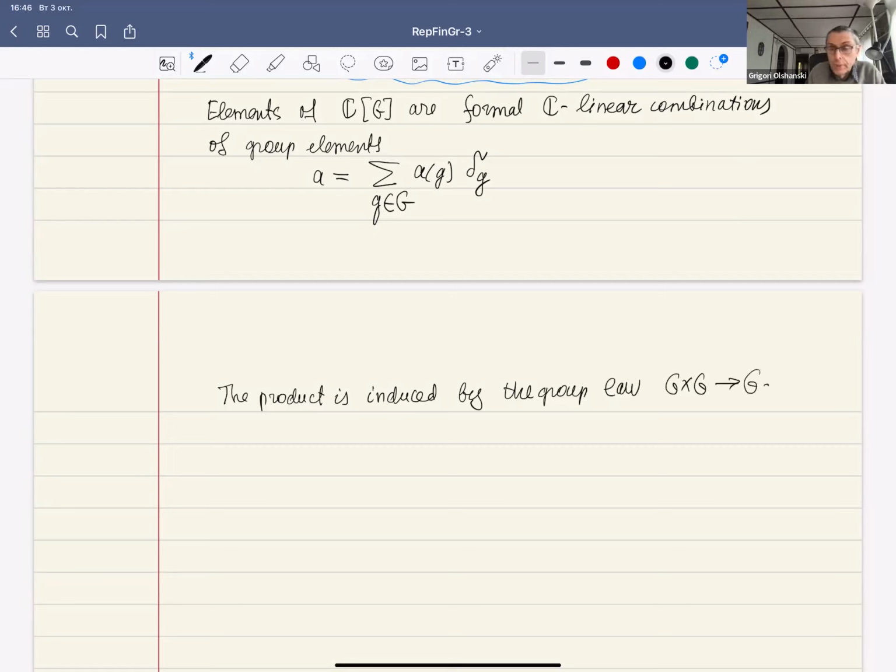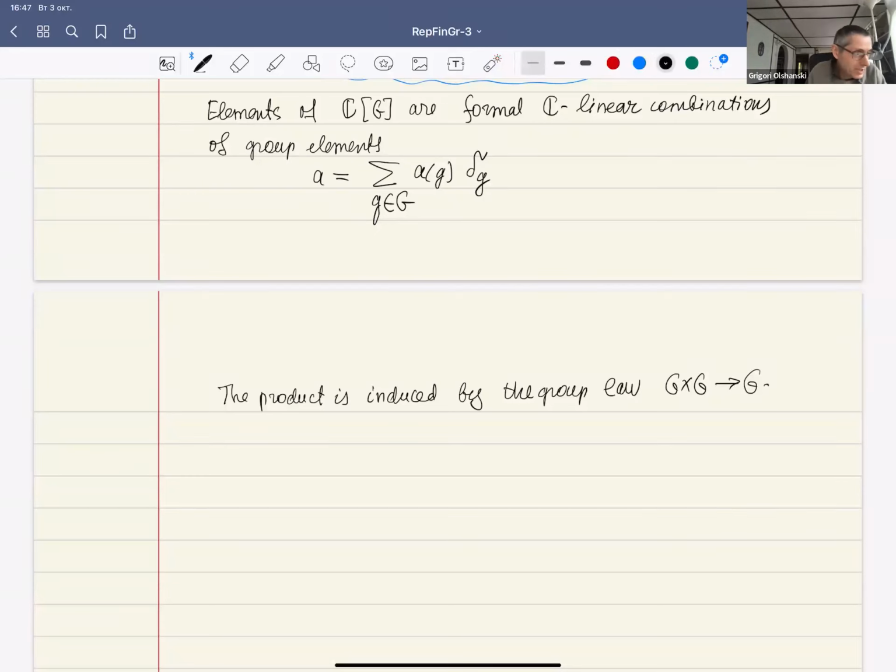So we have multiplication which is defined on the basis. These are the basis elements, and we know how to multiply them using the group structure, and hence we extend this product to the linear combinations.